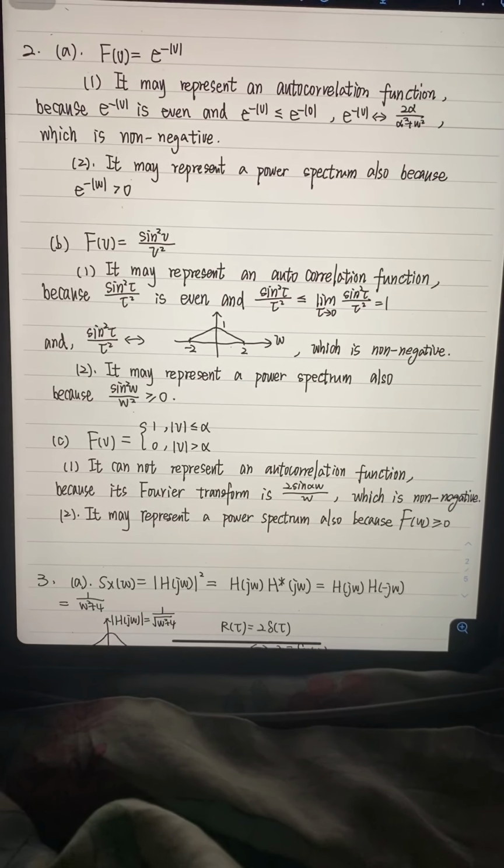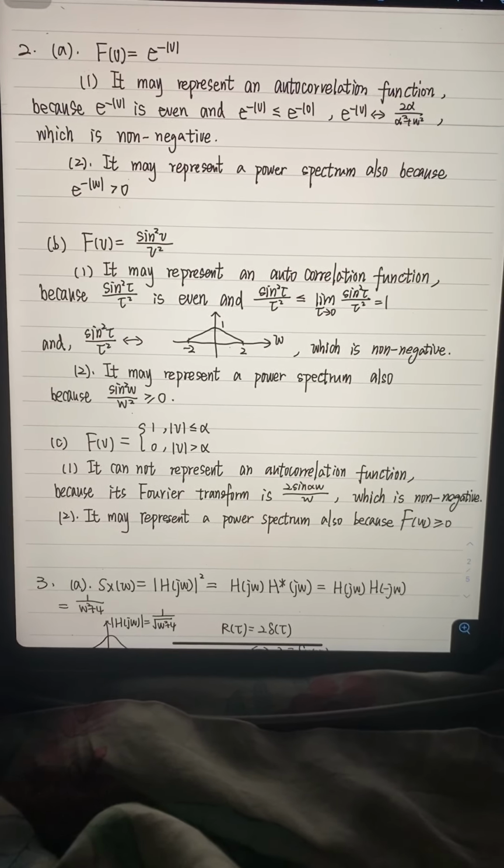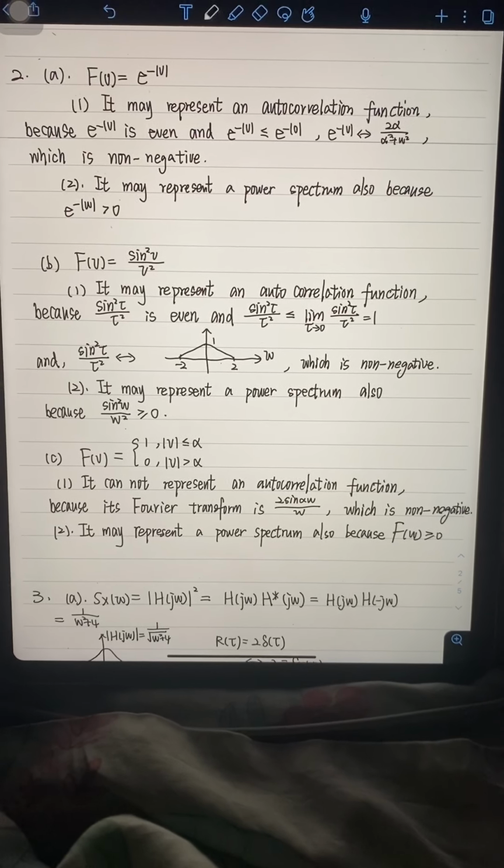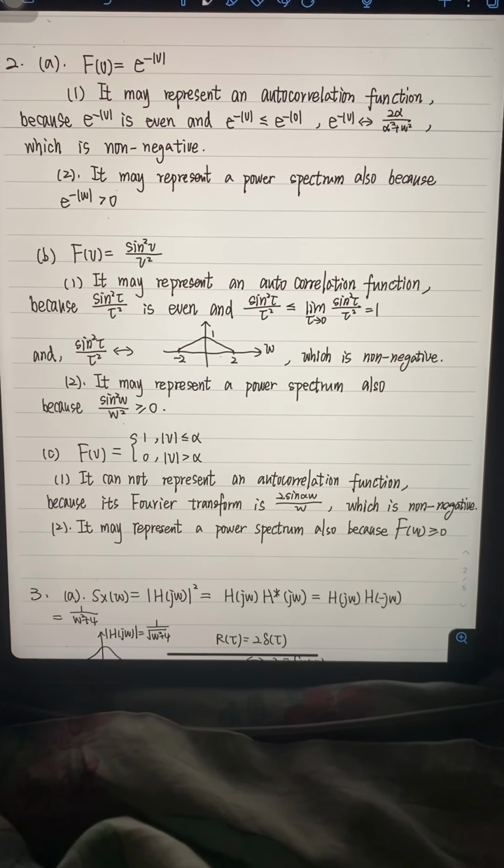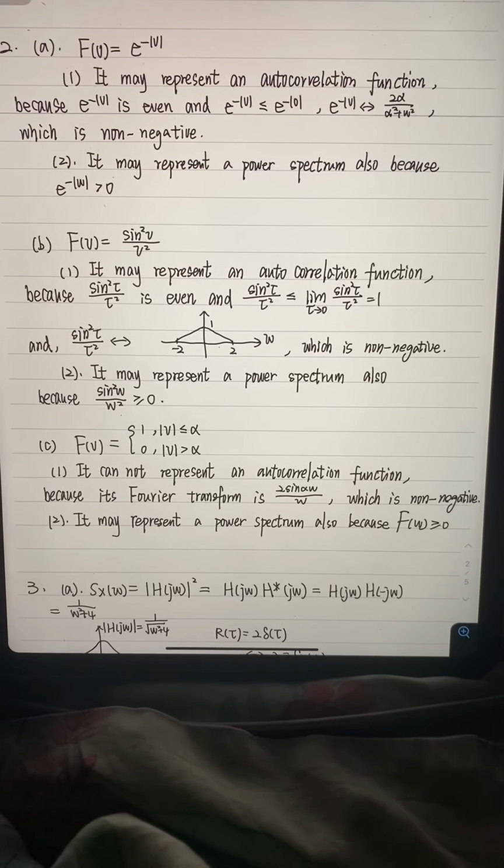So the first part A of question 2, f(v) is equal to e to the negative absolute value of v.